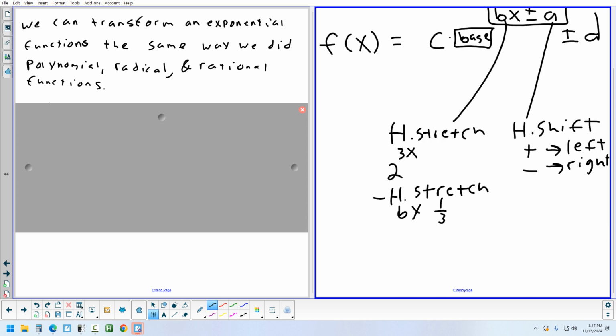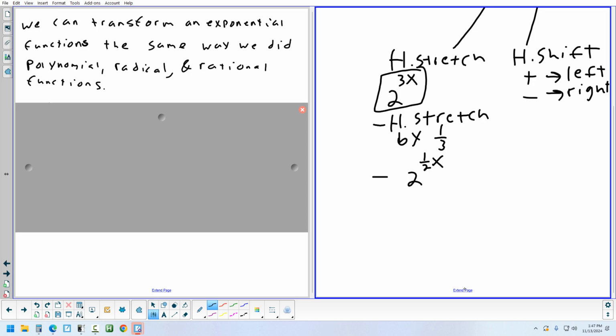A bigger number makes it smaller. Now let's look at 2 to the 1/2 x. That's still a horizontal stretch, but that's going to be by 2. Yep. What if it was by 4/5? Horizontal stretch. No. Right.